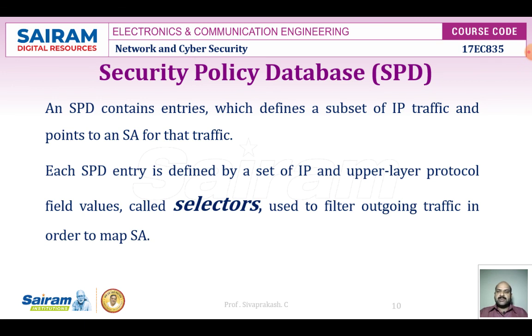So IP security provides the user with considerable flexibility in the way in which IP security services are applied to the IP traffic. The security associations can be combined in a number of ways to yield the desired user configuration.